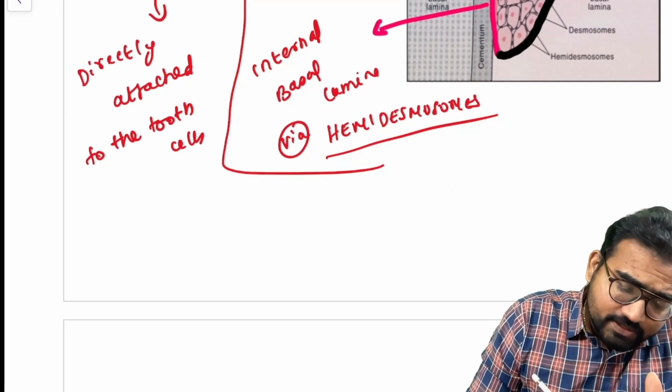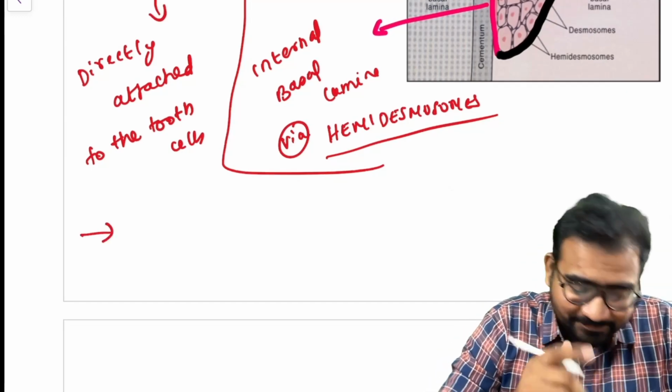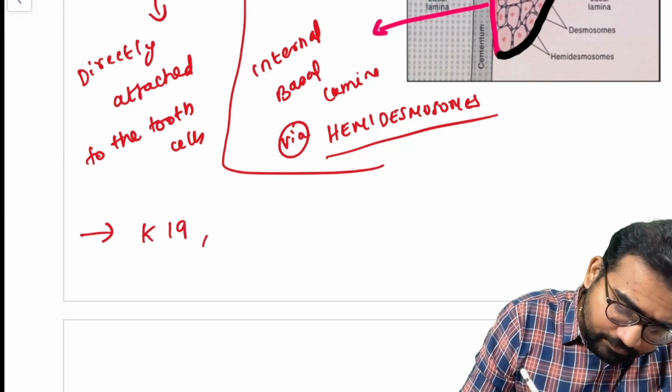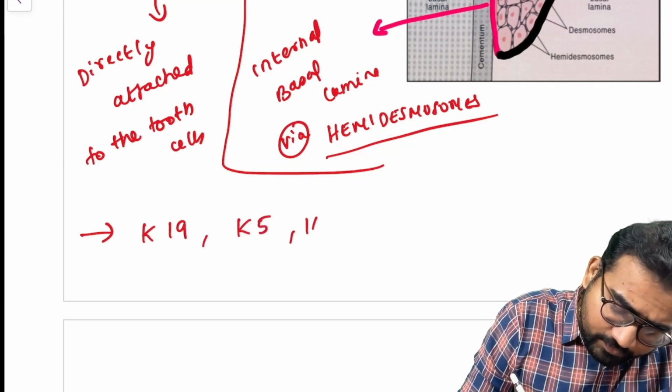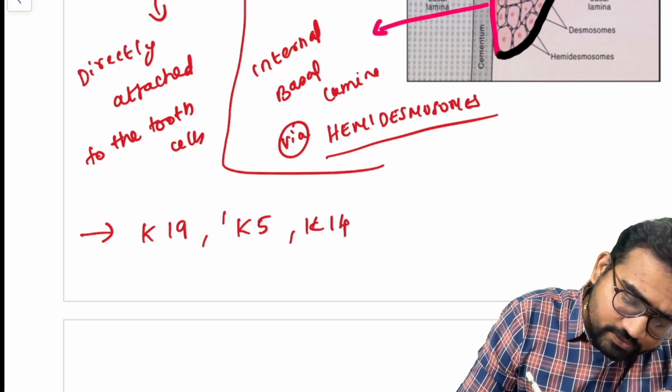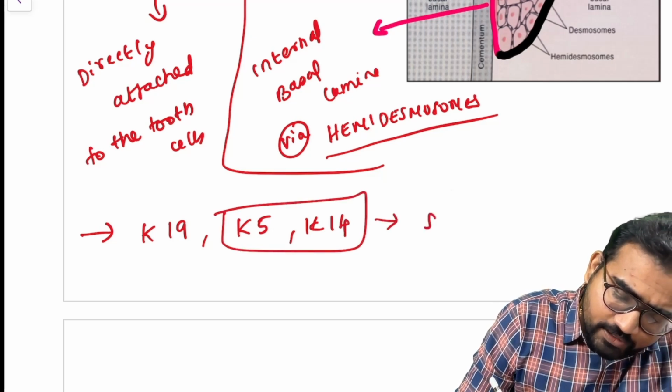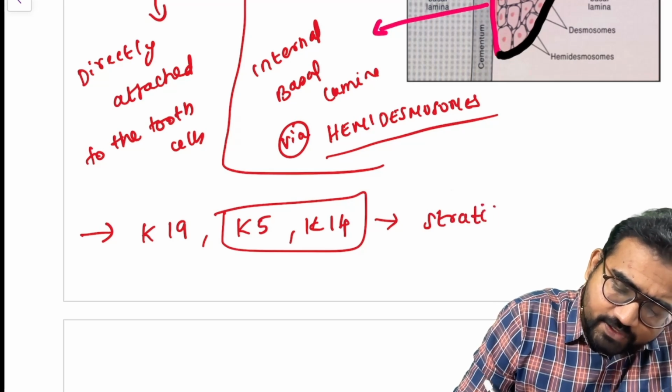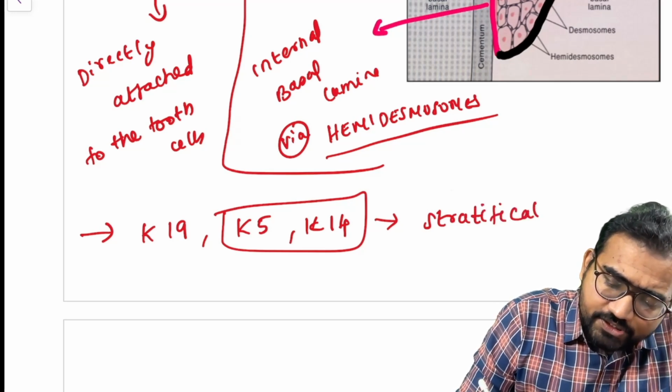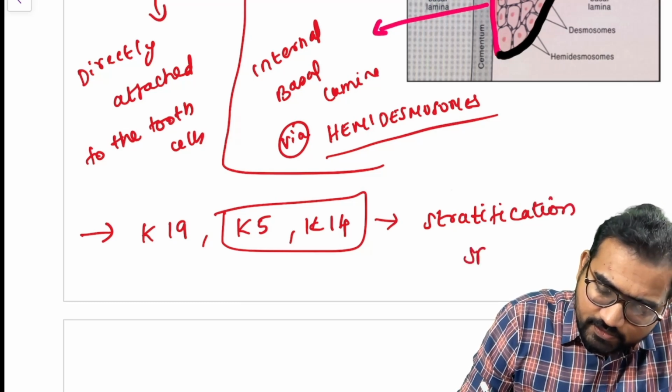Now, what are the cytokeratins present in your junctional epithelium? K19, K5, K14. These K5 and K14 are stratification specific cytokeratins.